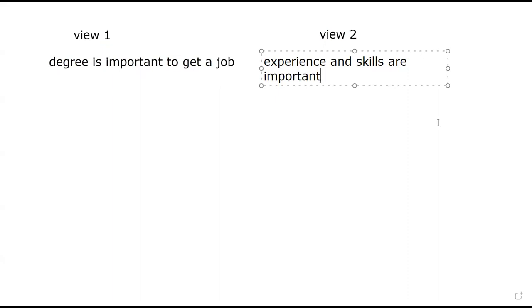Okay, great. So for each of them, you should now give arguments why they think it's important. First, we should think of this one: why is a degree important? And then for here, we should give an answer like why experience and skills are important. So we are going to do this as an activity.